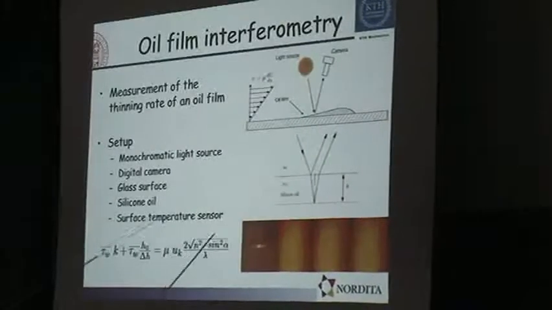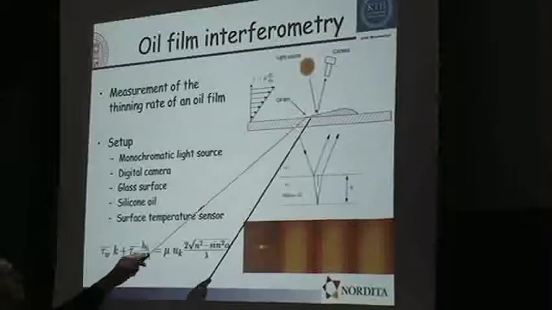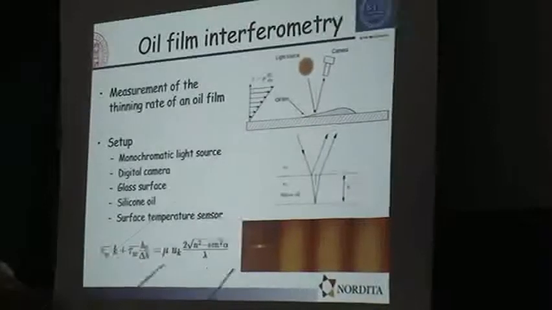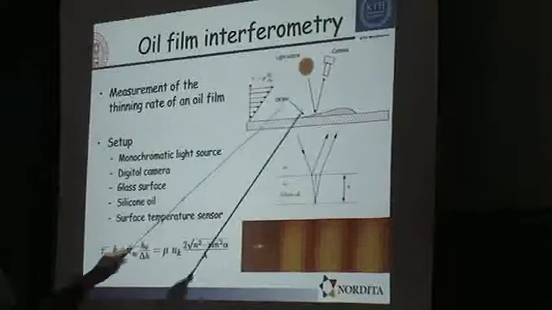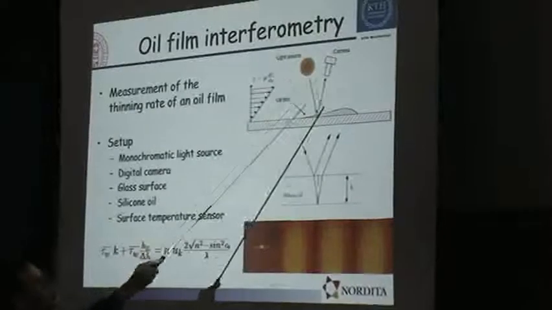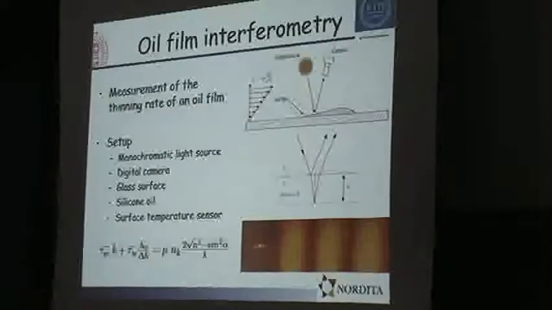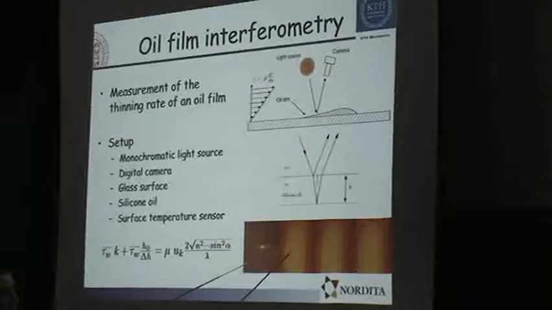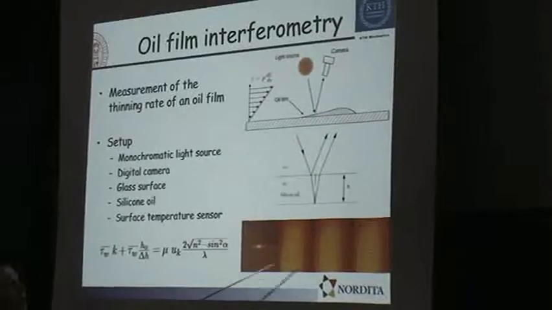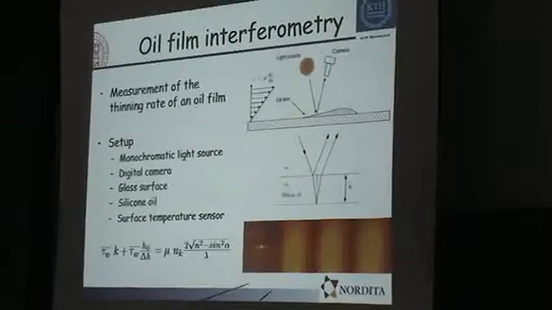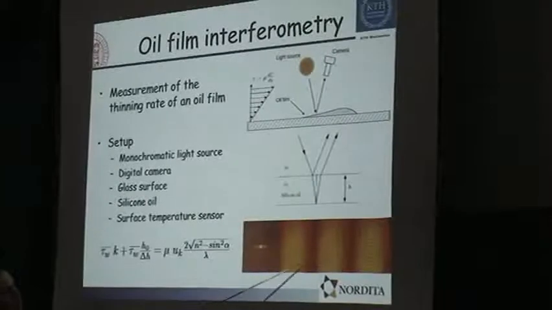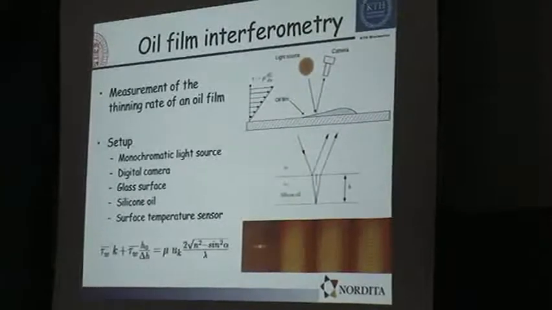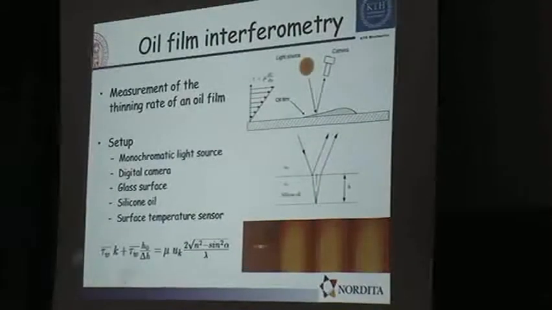In order to measure the thickness of this film, you use a monochromatic light source and a camera, and you measure the interferometry patterns that develop on the surface of this film. As you see here, these are three different times, so you have the fringes developing with time.